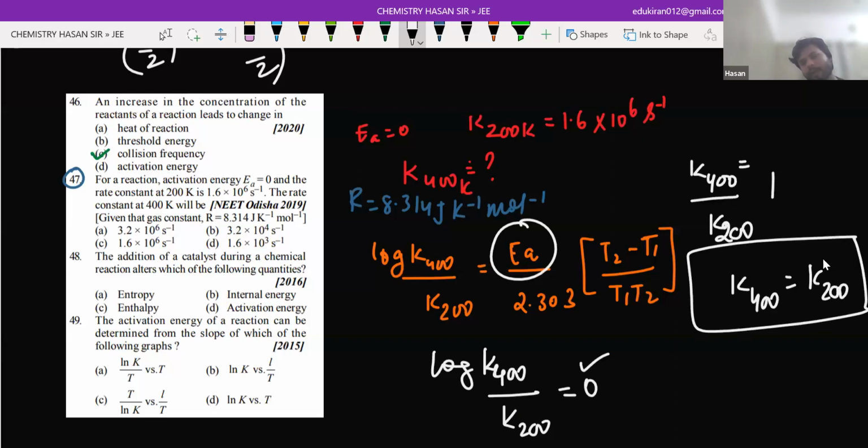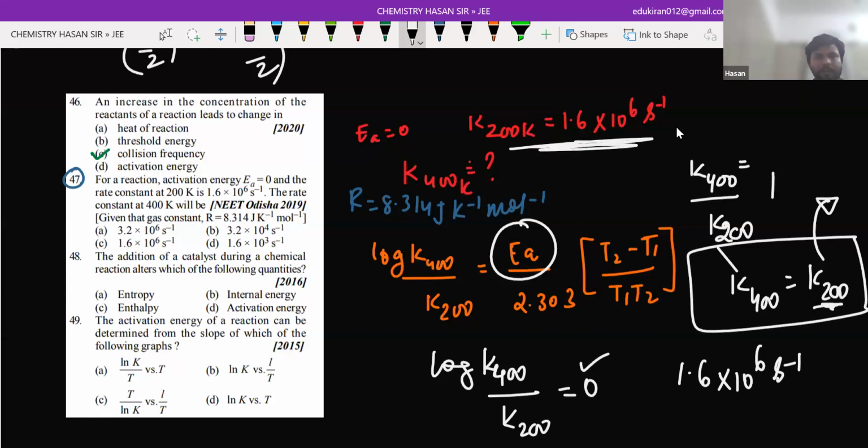That means the rate constant at 200 equals the rate constant at 400. So the value will be 1.6 into 10 raised to the power 6 per second, because it has the same value. So the answer comes out to be C. So 47, it is C.